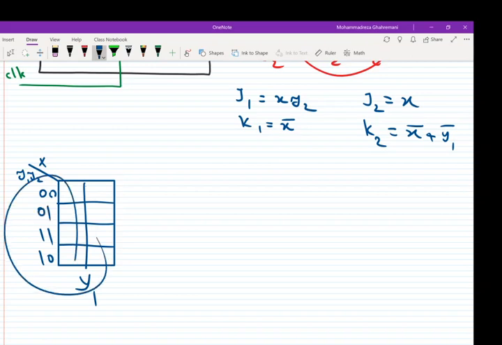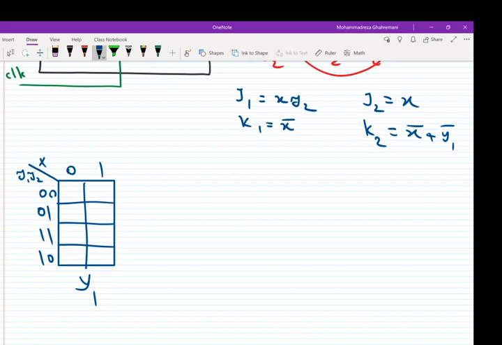Why didn't I say 0 1, 0 0, 0 1, 1 0, 1 1? Because we might need to simplify these tables later using a Karnaugh map, so that is the reason we show it this way. And the input, of course, is 0 and 1.